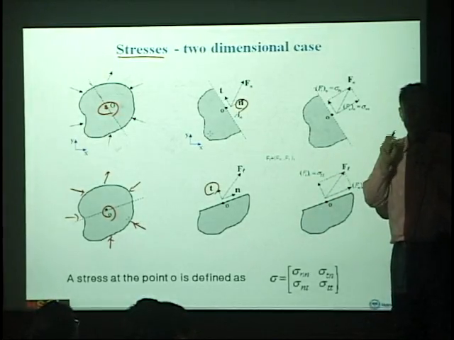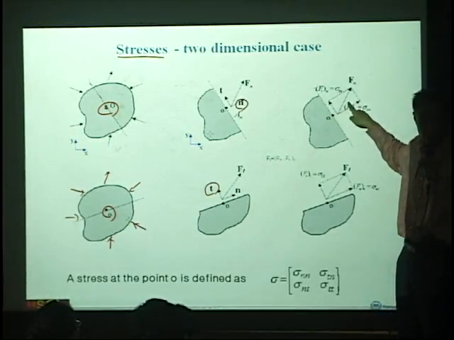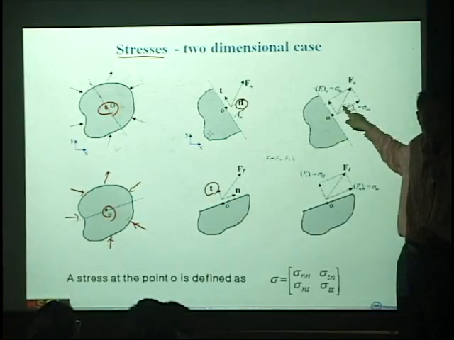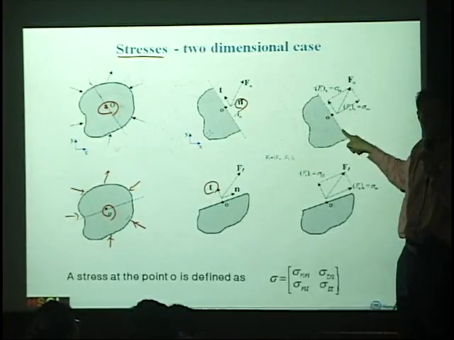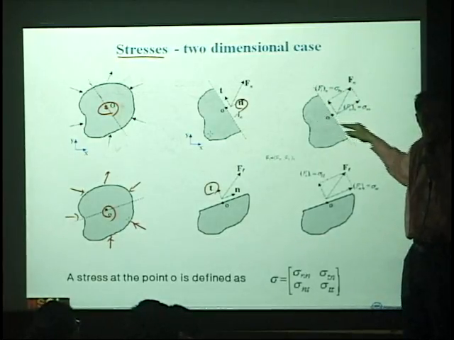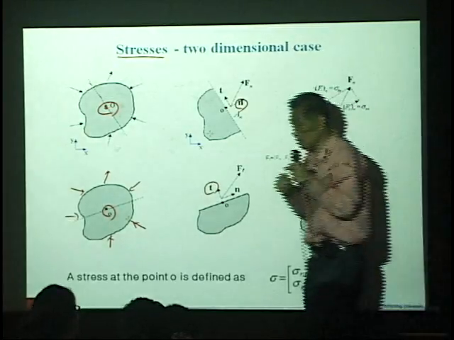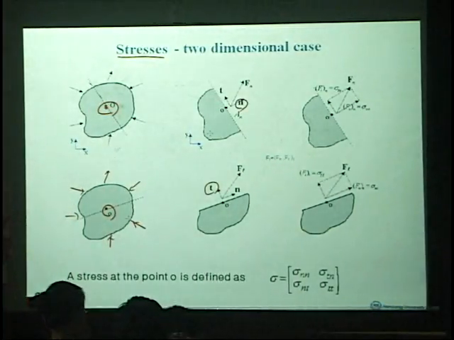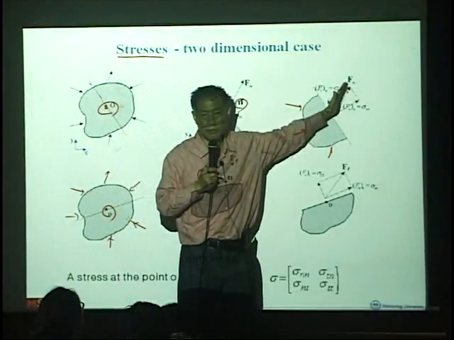But here, the most important point is that the direction of the internal force is not always perpendicular. This internal force can have arbitrary directions, this way and that way, whatever directions. Am I right? Depending on this external force, these internal forces can have arbitrary directions.